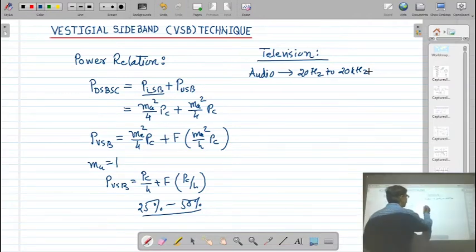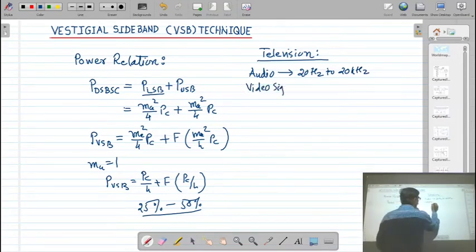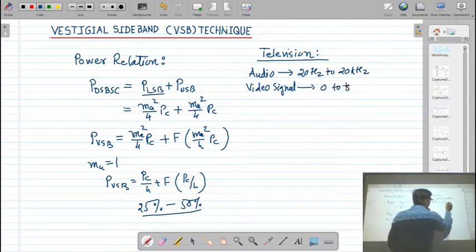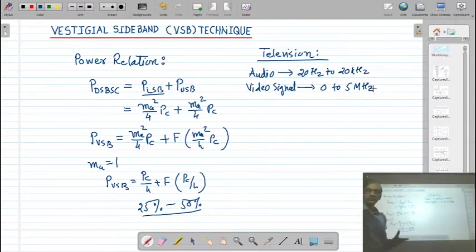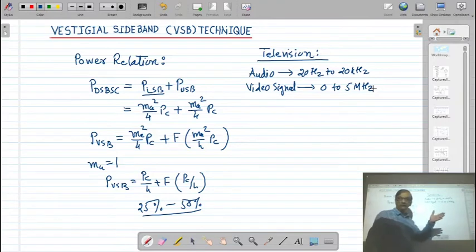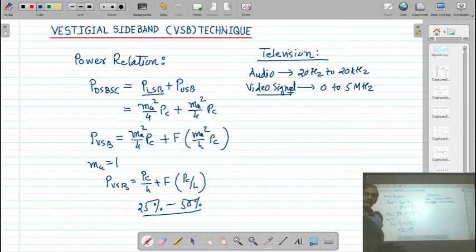But when we are talking about the video signal, then it is from 0 to 5 megahertz approximately. Exactly, it is 4.2 to 4.8. So the video signal frequency range is from 0 to 5 megahertz. Now if you transmit this video signal, what is the required bandwidth?